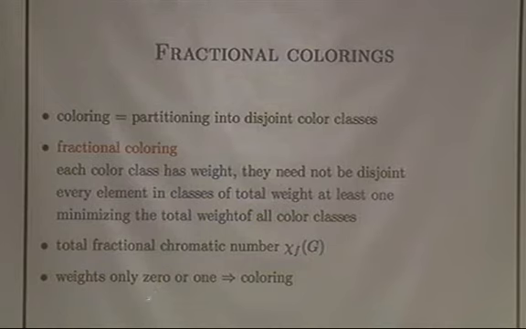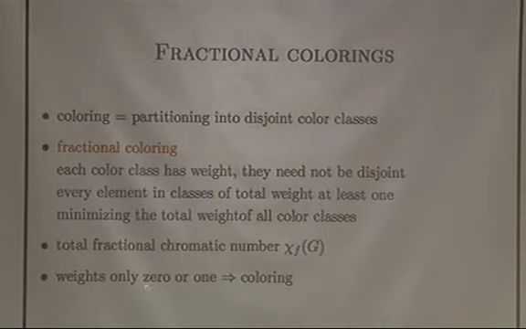So if we restrict the weights to be only 0 or 1, then this constraint says that every element is in at least one of the color classes, and this constraint says that if we want to minimize the total weight, then we want to minimize the number of color classes whose weight is 1, and these are actually the color classes we're using in the coloring.